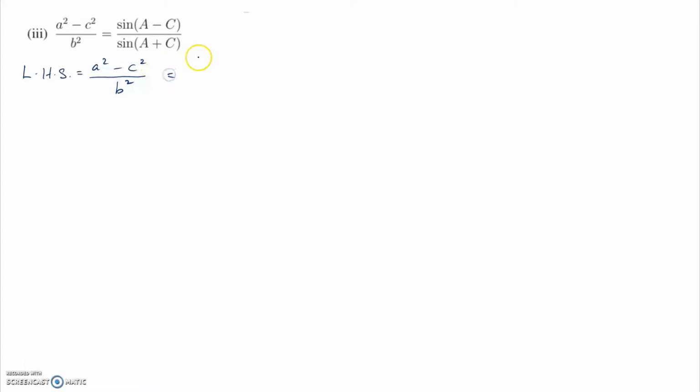We know we can say a as k sine A. So, a squared will become k squared sine squared A minus k squared sine squared C divided by k squared sine squared B. Since k squared is common, we can eliminate it.